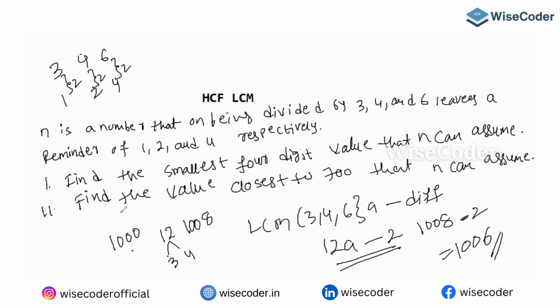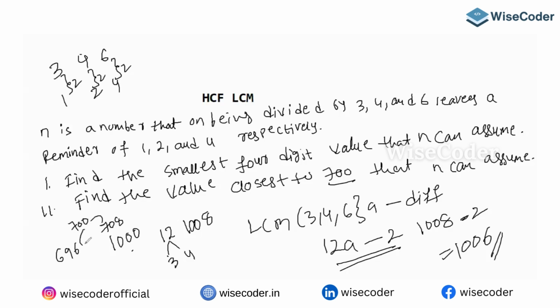Look at the next one. The numbers on either side of 700 that are divisible by 12, which means by 3 and 4, are 696 and 708. Both are going to be divisible by 12. But he's asking for the closest value to 700.